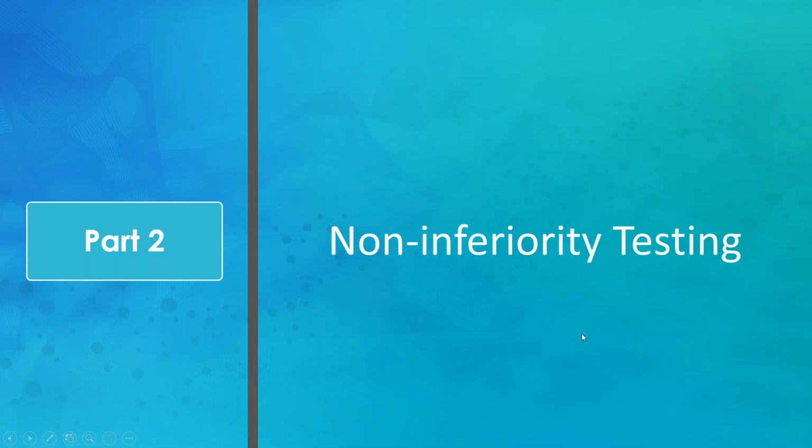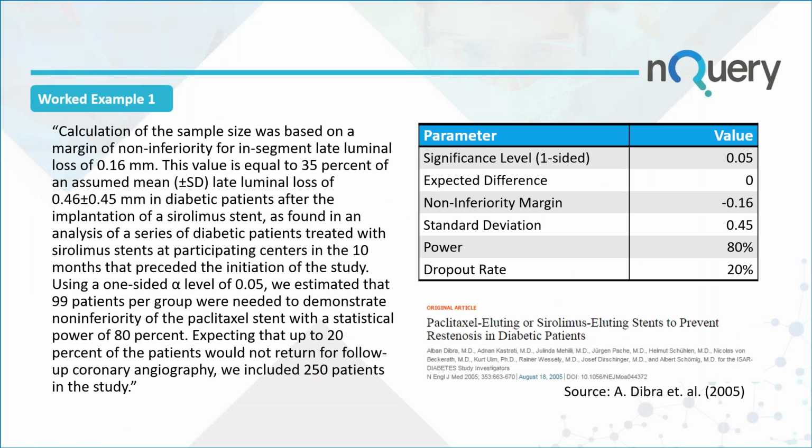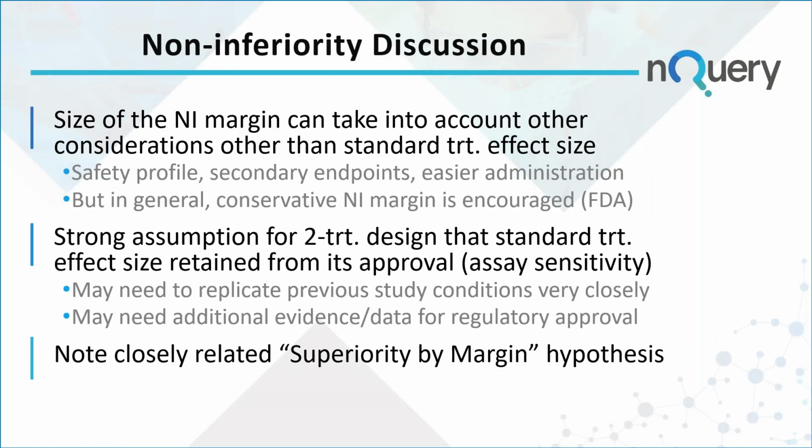But obviously, super superiority is a different idea, and there's some interest in it, and definitely there's been growing interest in it over the last decade or so. But just note that it's a different thing, but that in practical design terms, and certainly in terms of sample size calculations, it's very, very similar to non-inferiority sample size.